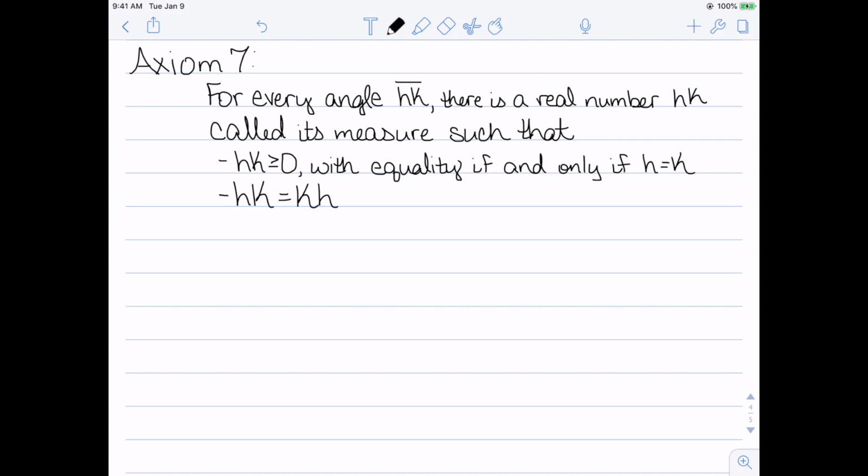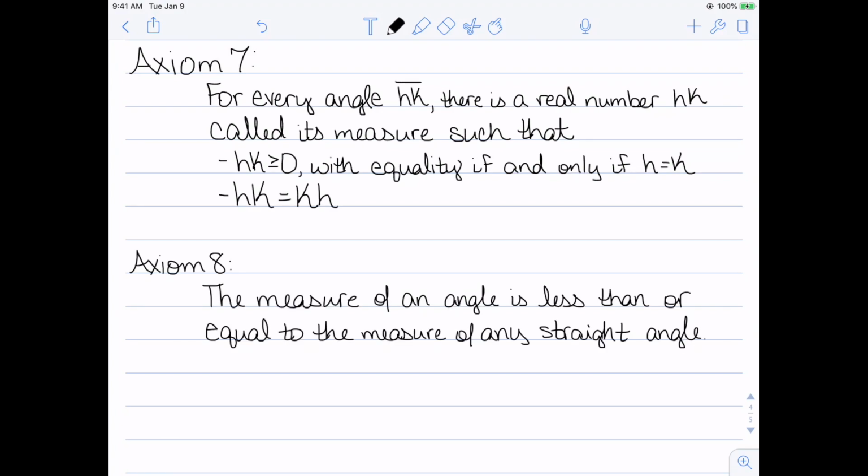While this does give us a lower bound for our angles, in particular 0, it does not give us an upper bound. And that's actually going to come from axiom 8. Axiom 8 says that the measure of an angle is less than or equal to the measure of any straight angle. So the straight angles are the largest possible angles that we can have.